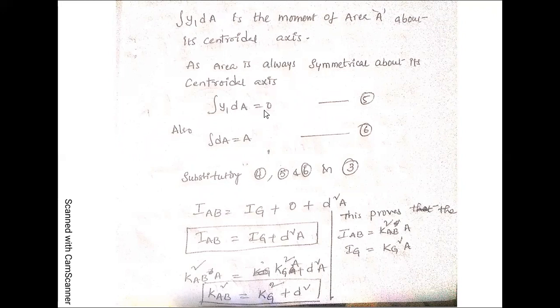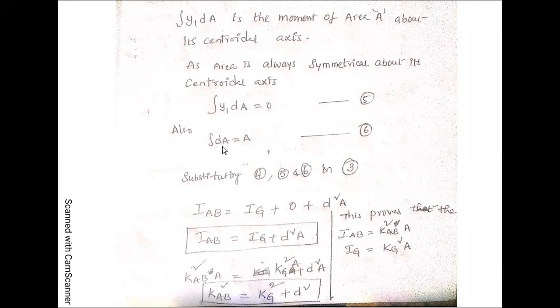That we also learned in our centroid concept: if an object is symmetrical about a particular axis, then the moment of area about that axis is 0. That is, integral y1 dA is 0.